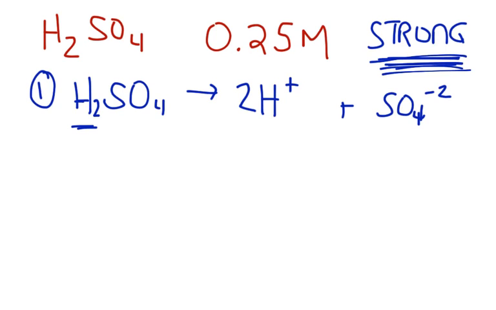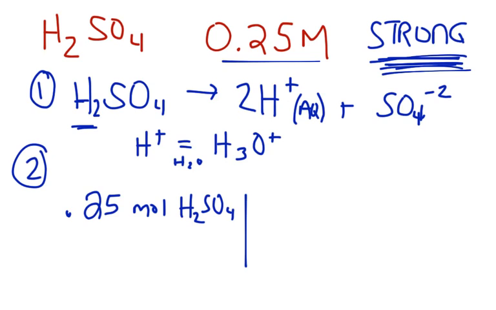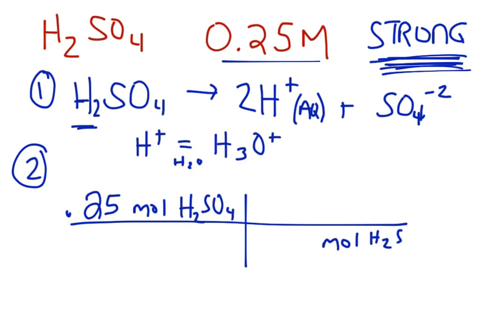Then what I have to do is figure out how many moles of hydronium would be made using the mole ratio. This right here was an aqueous solution, and if you remember from earlier, H plus in an aqueous solution is the same as hydronium, because the only difference between them is the water. So I'm going to use a mole ratio. I have 0.25 moles of H2SO4, that's what was given to me in my original problem. I'm going to put moles of H2SO4 down here.